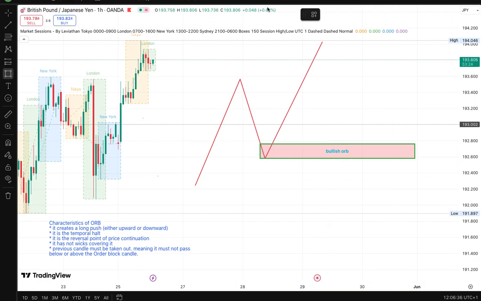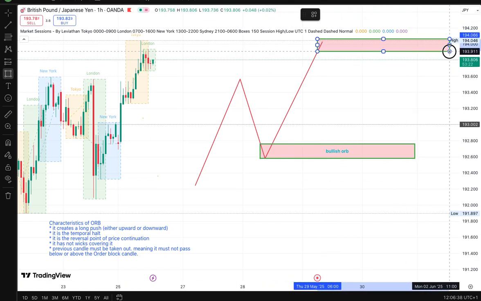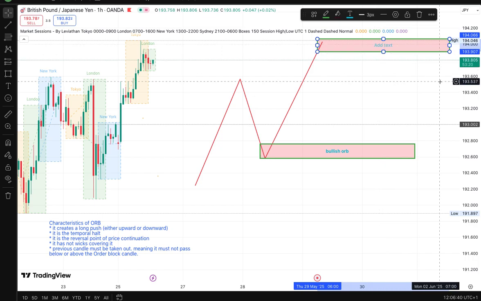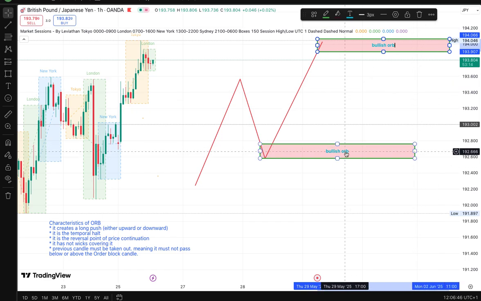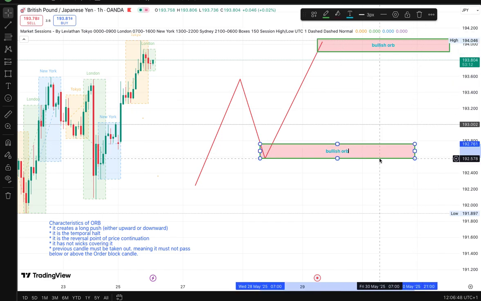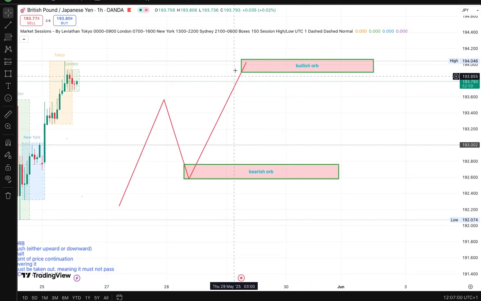Okay, ORB means order block in case you don't know. These are other points you signify. So that's bullish order block ORB. The one you see at the bottom is the bearish. And the one you see at the top is the bullish. Okay, if it's at the top it's bullish, if it's at the bottom it's bearish.